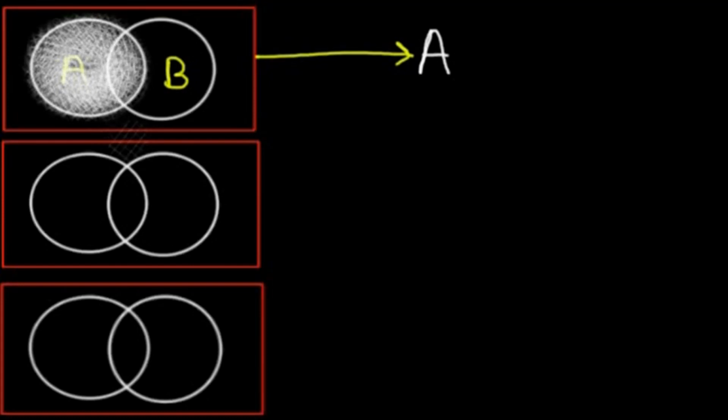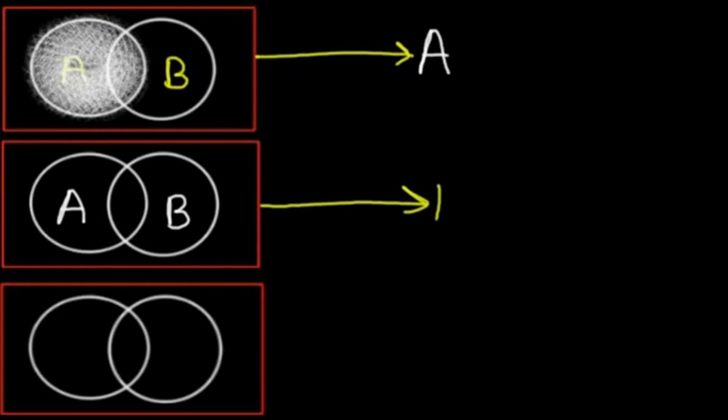Now what about B complement? Where are we to shade if we are to shade B complement? Now, what exactly is B complement? B complement means not B, that is, areas that don't include set B. If A denotes the circle at the left hand side and B denotes the circle at the right hand side, in order to shade not B, where are we to shade?